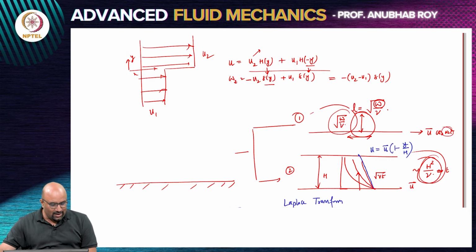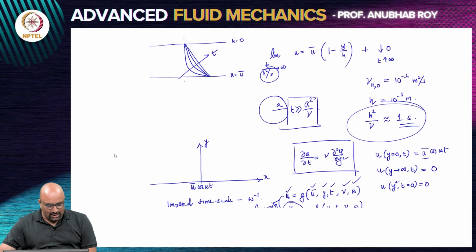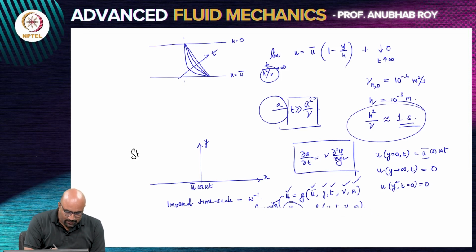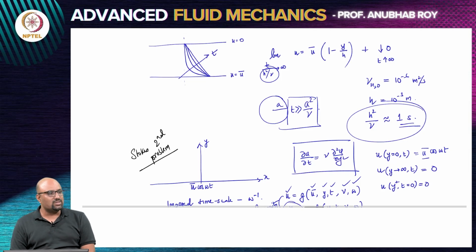Then in today's lecture, we have done the unsteady effects coming in when we look at an oscillation problem, where the plate oscillates. This is also known as Stokes' second problem. The first problem was the impulsively pulled plate. The oscillating problem is known as Stokes' second problem.